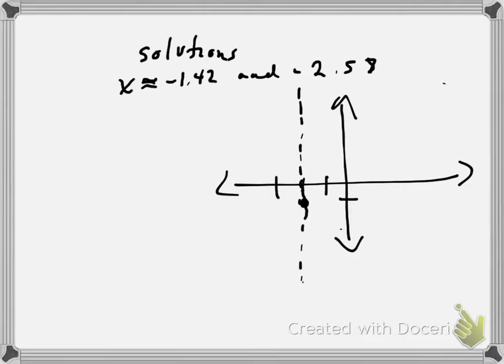And now my solutions are negative 2.58, so that's where it crosses the x-axis, about here, and then negative 1.42, about right there. And then this is a parabola that opens upward.